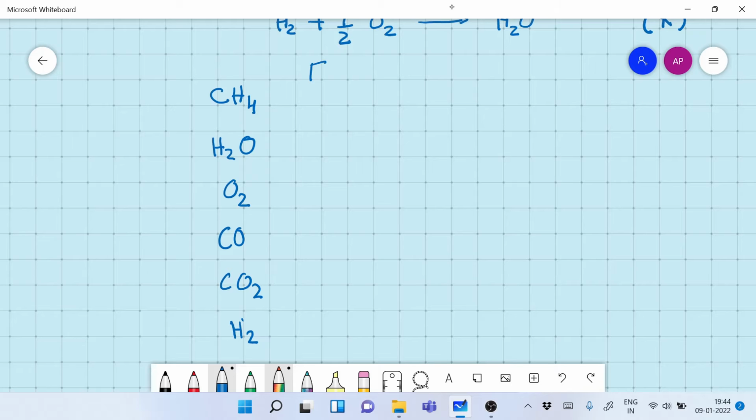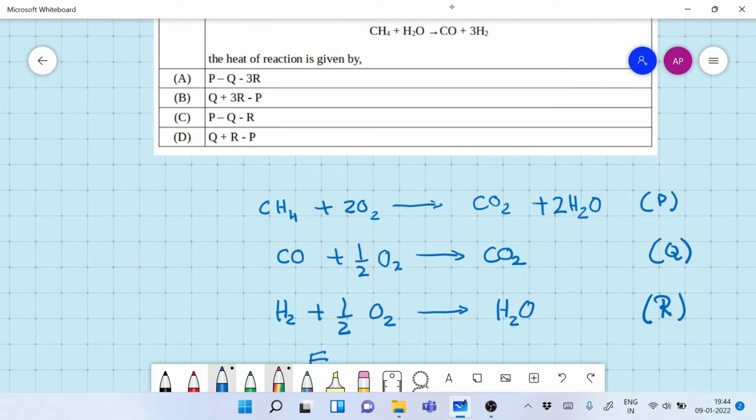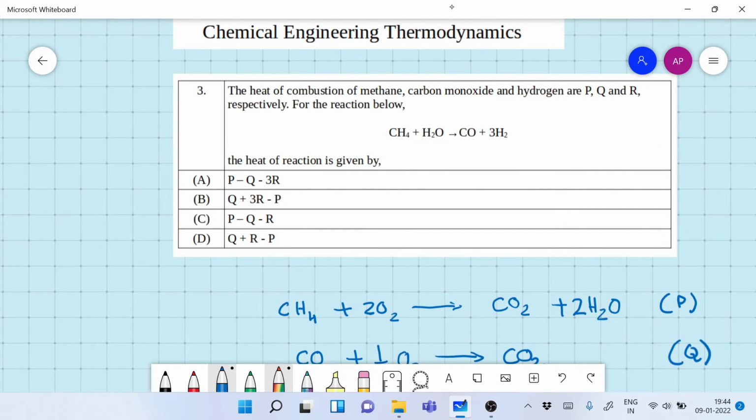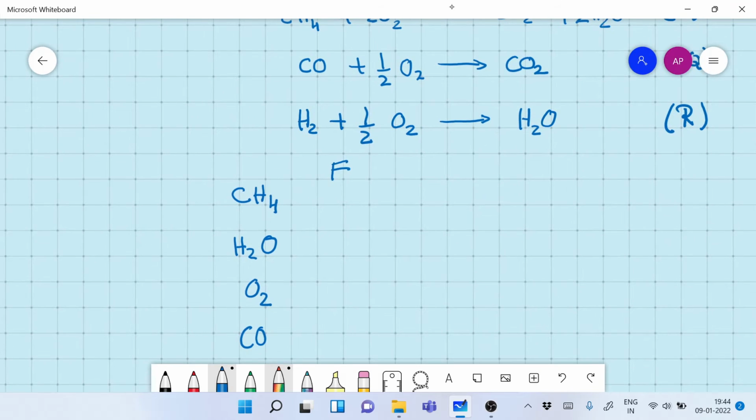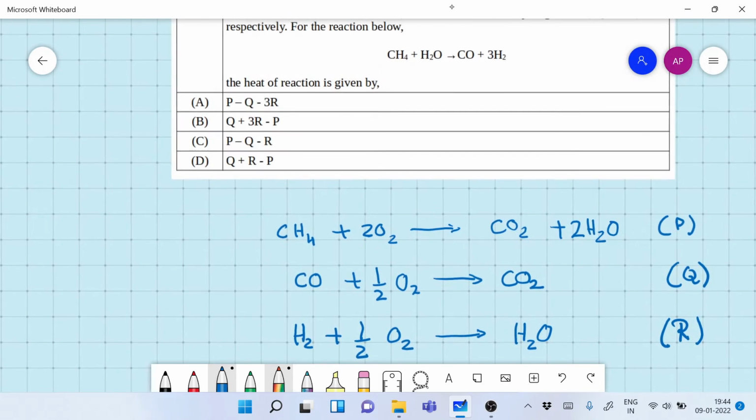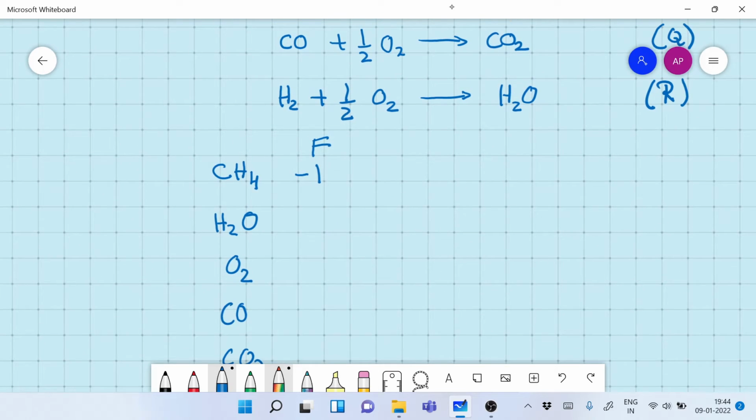Now, let F be the final reaction, the reaction for which we want to find the heat of reaction. For that reaction, we note down the stoichiometric coefficients of the participating compounds. So, for methane, it is -1. For water, it is -1.